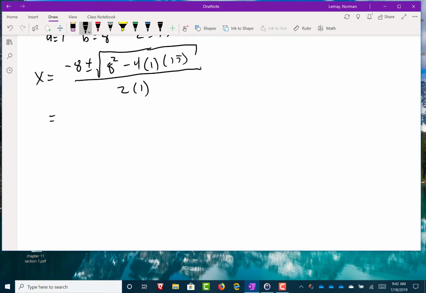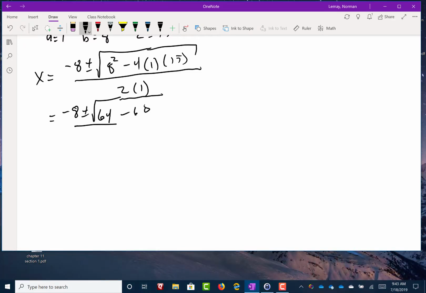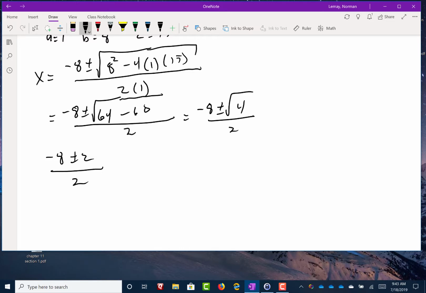So clean this up, we get negative 8 plus or minus the square root, so 8 squared is 64, 4 times 1 times 15 is 60, divided by 2. This is equal to negative 8 plus or minus the square root, so 64 minus 60 is 4, divided by 2. We know the square root of 4 is 2, so we get minus 8 plus or minus 2, divided by 2.